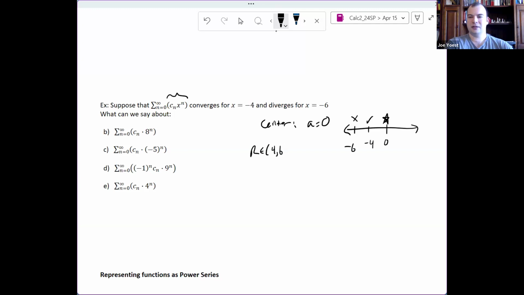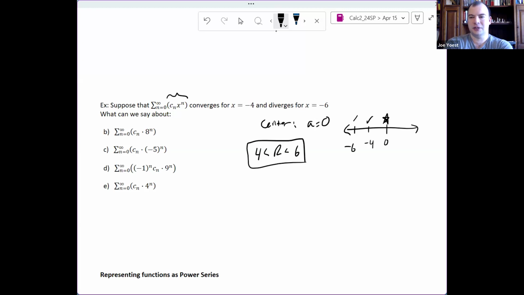Or maybe I'll write it a slightly different way, because I feel like that's a little bit misleading. No more than 6, but at least 4. I don't want us to get the interval 4 to 6 confused with the number line over there to the right.